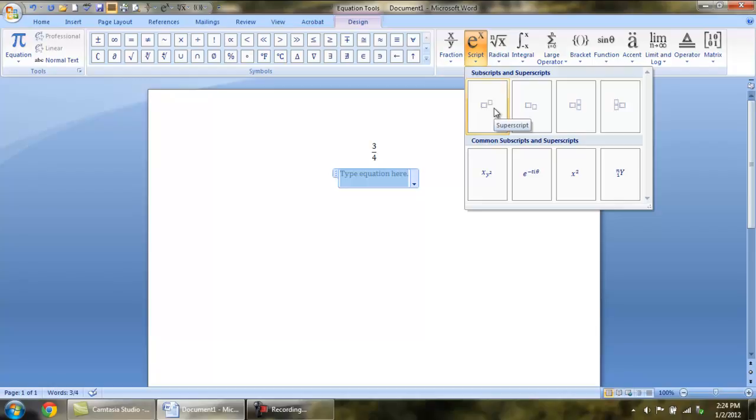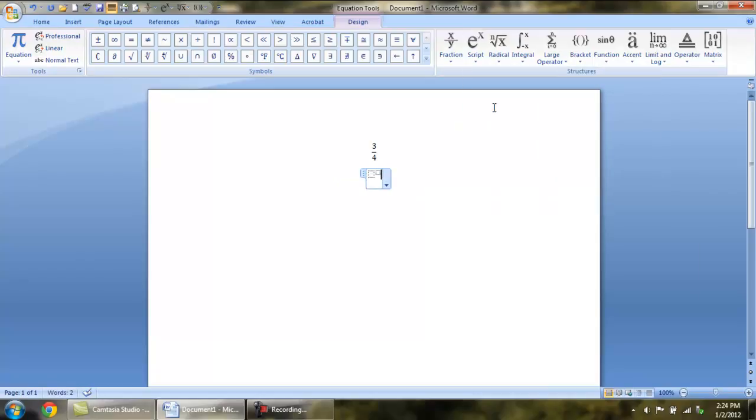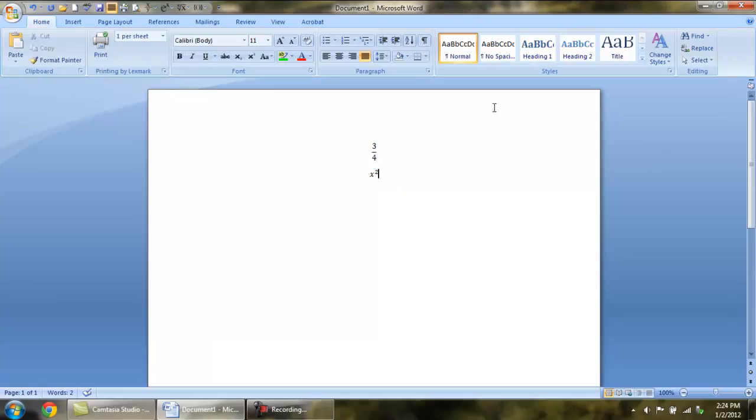So again, if we want to input x squared, we would choose this one and then move our cursor over to the left box and input x, and then with our right arrow move our cursor over and put a 2. And again, we can right arrow out, or you can click outside the box and then you'll have your x squared.